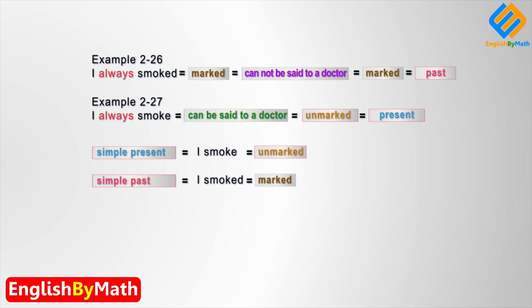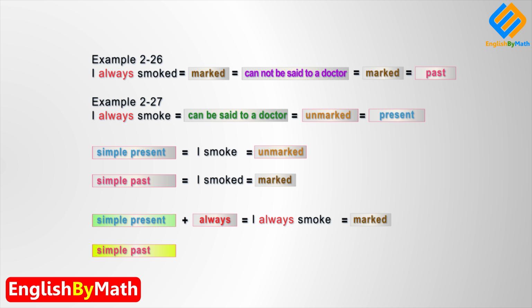When we add always to the simple present and the simple past, we get the following result. Simple present plus always, I always smoke, marked. Simple past plus always, I always smoked, extra marked.